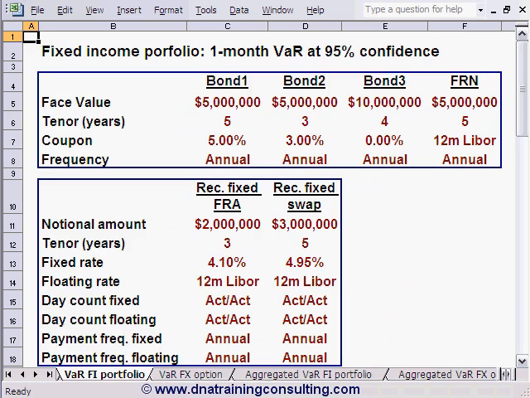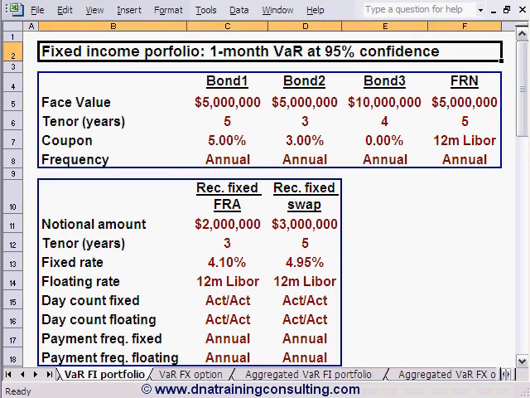For our second illustration, we return on worksheet VAR FI portfolio to the fixed income portfolio analyzed in Chapter 2. To change the objective a little bit and highlight the flexibility of VAR as a measurement tool, we calculate here the portfolio VAR for each individual risk factor over a 1-month horizon, this time at a 95% confidence level rather than 99%.